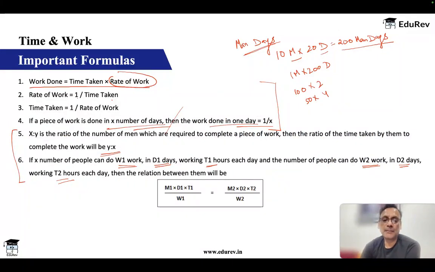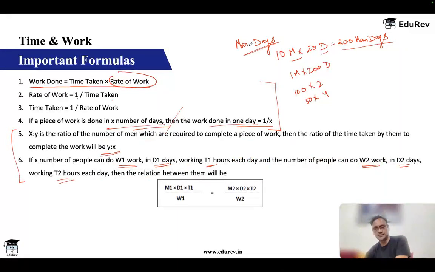So basically, men into days becomes a constant. So MD is a constant K, or M1 D1 is equal to M2 D2, as long as the work is the same.